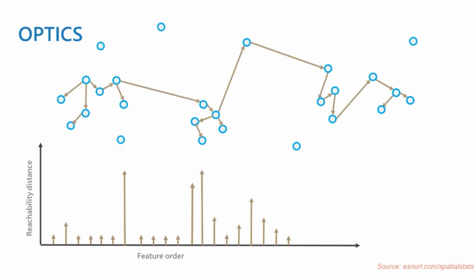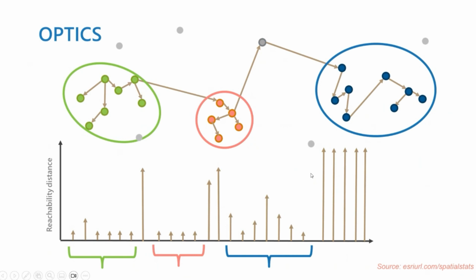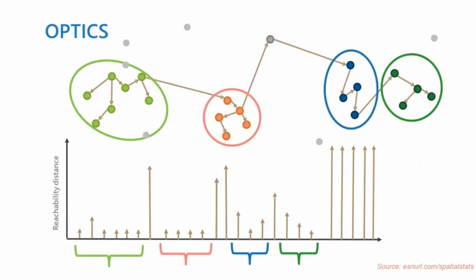Reachability distance is a measure of how easy it is to reach that point from other points in the data set. If you look at this, all the valleys will be clusters, all the peaks will be noise. So the reachability plot will order them such that these valleys will be one cluster, this would be another, this would be another, and we have these points which are noise. You need not understand exactly what's going on here. When you look at the demonstration, you will get a good idea about how OPTICS can help us.